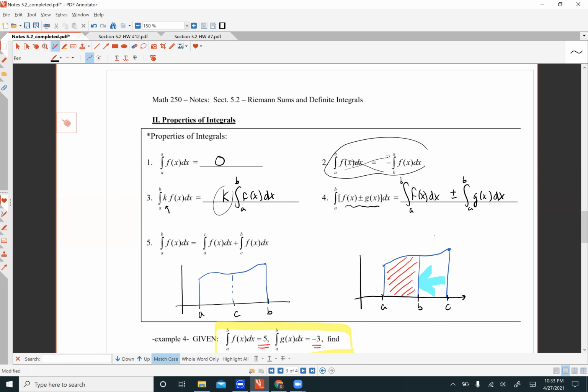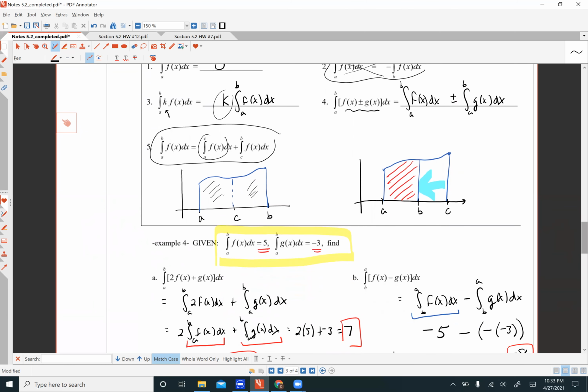And here's something that's really very important. The area under the curve from a to b, let's say c is in between a and b. First we can find the area from a to c, and then find the area from c to b. So we can break an integral up into 2 pieces.